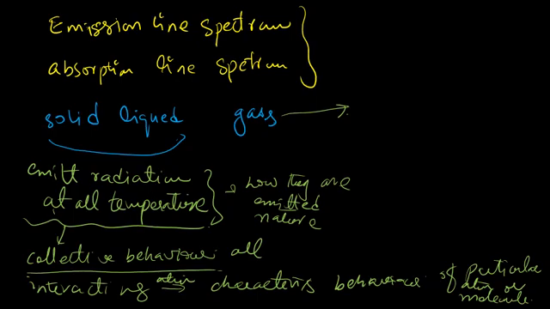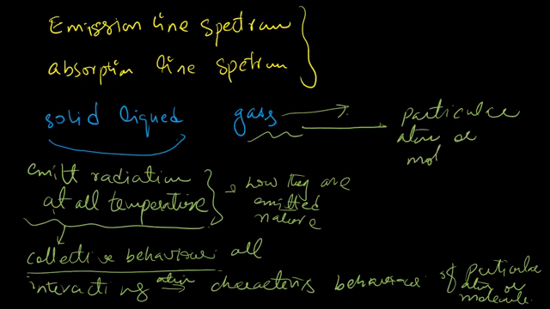Under these circumstances, we would expect the radiation emitted by the gases to be characteristic of a particular atom or molecule, rather than the collective behavior of all interacting atoms as in the case of solids and liquids.